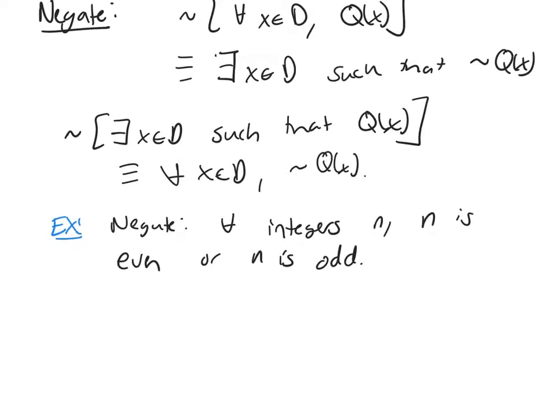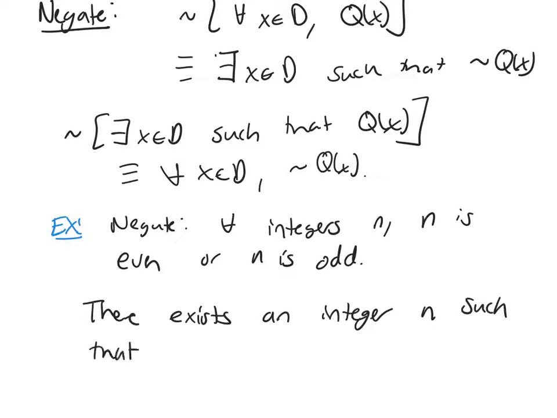So what would the negation of this statement look like? Well, we've got to flip our quantifier. So it becomes there exists an integer n such that, and then you need to negate n is even or n is odd.